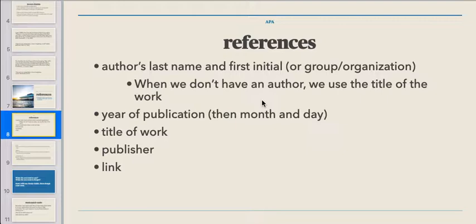So our references are again going to start with some of the information that was in our citation. The whole point of them starting in the same location is that we want to be able to say, okay, I read this quote, it said Lewis 1980. So the moment I come down to the references, I will see a reference with Lewis and I will see 1980.